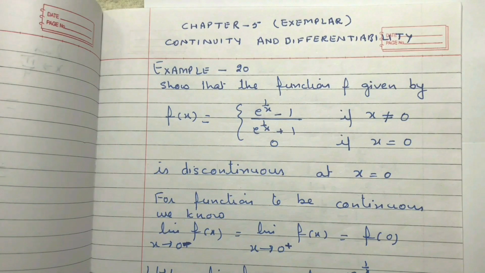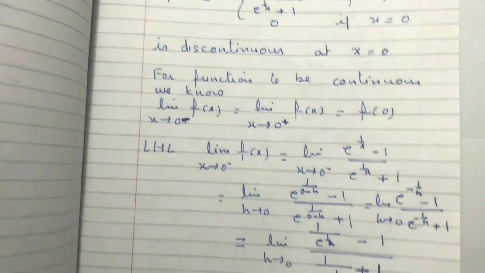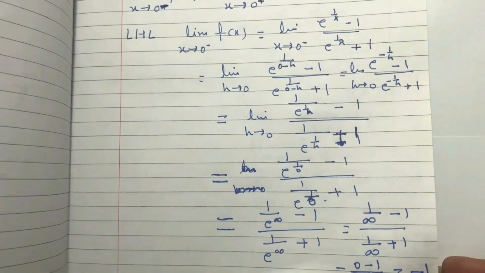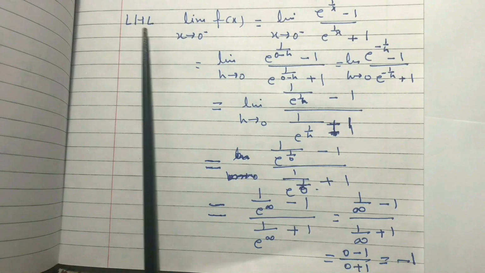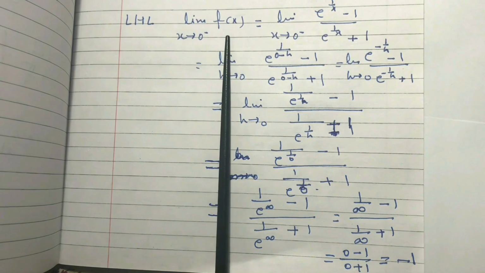First we will find left hand limit, then we will find right hand limit, and then we will prove that left hand limit is not equal to right hand limit. Now first we will find left hand limit. So limit of f(x) as x tends to 0 minus.